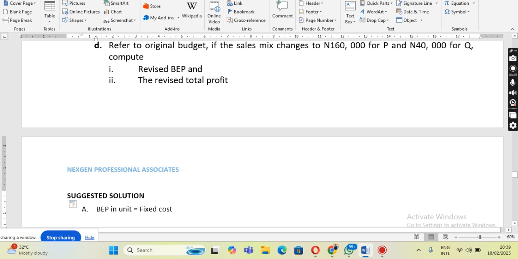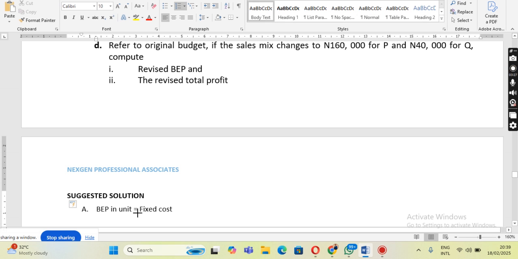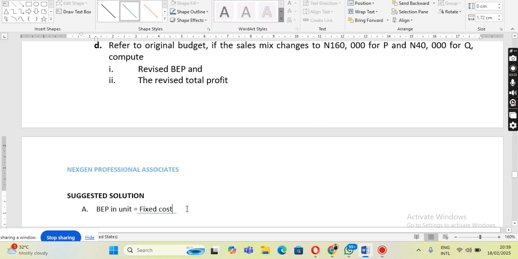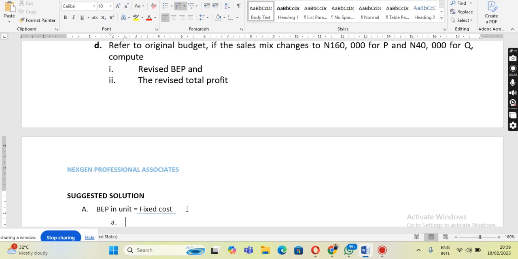Now, instead of dividing by the contribution, you will not divide by contribution here. What you will use to divide this is the weighted average, because it is a multiple product. Weighted average contribution per unit, right?